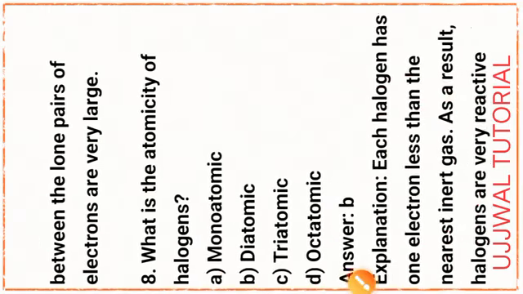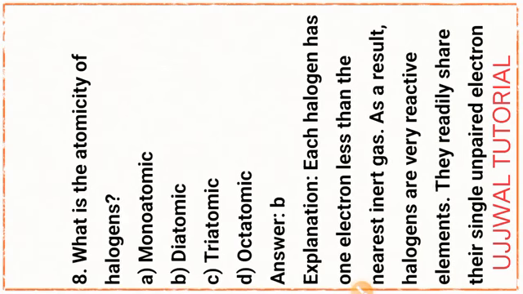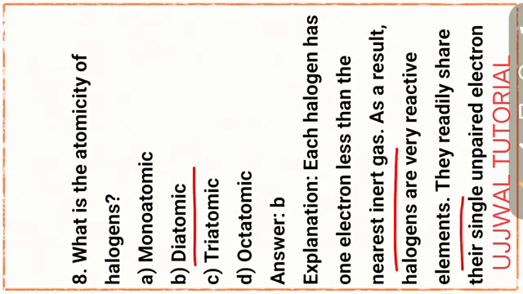Next question, question number 8. What is the atomicity of halogens? That is option B, diatomic. Each halogen has 1 electron less than the nearest inert gas. As a result, halogens are very reactive elements.